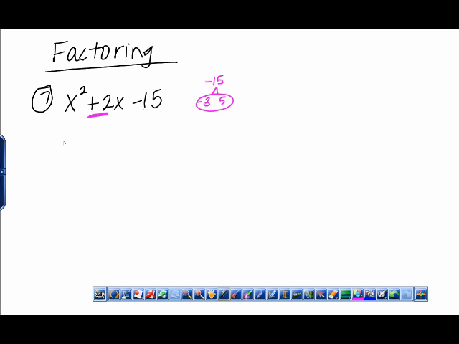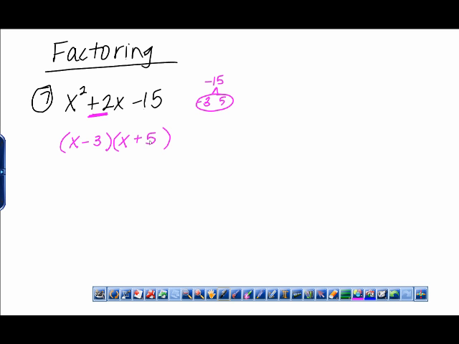You do not have to do grouping here. When you have a leading coefficient of 1, grouping is way overkill. All right, that's how you did it when you first learned. We're past that. Okay, that was like Algebra 1. In pre-cal, you should be able to go straight into the 2 factors. So x minus 3, x plus 5.